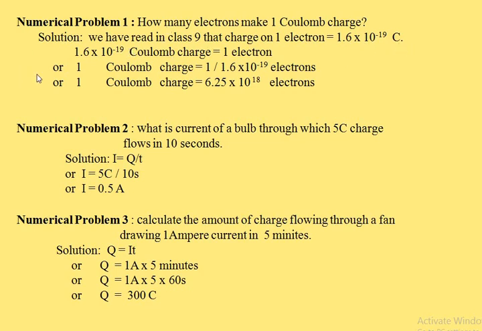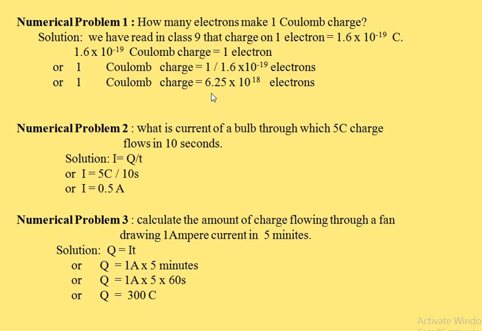So charge on 1 electron is equal to 1.6 × 10^-19 coulomb. So 1.6 × 10^-19 coulomb charge is equal to 1 electron. So 1 coulomb charge will be equal to 1 divided by 1.6 × 10^-19 electrons. When we calculate, we get 6.25 × 10^18 electrons.